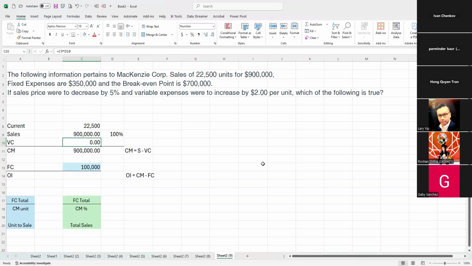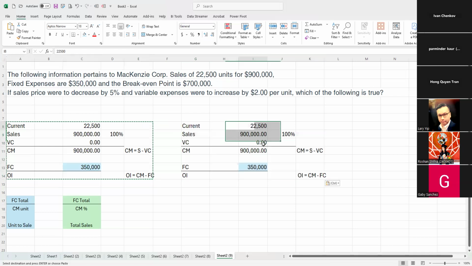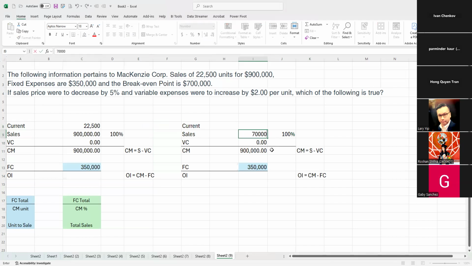My fixed cost is 350, correct? And the break-even point is $700. So let's get the break-even. We don't know how many units is here. We know that break-even point is 700,000. And at this point, 350,000 is my fixed cost.